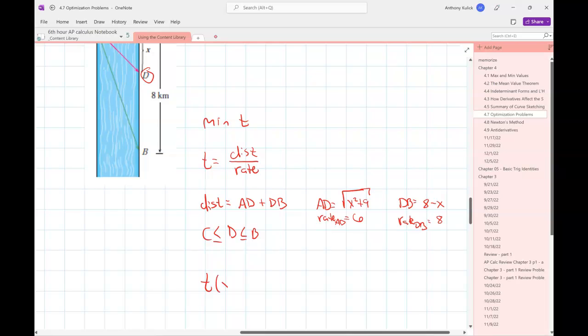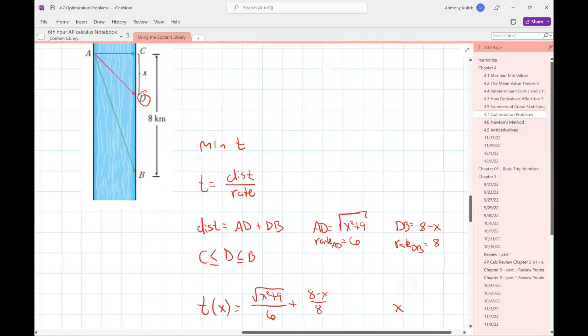So my t of x function is going to be that. Everybody agree with that?